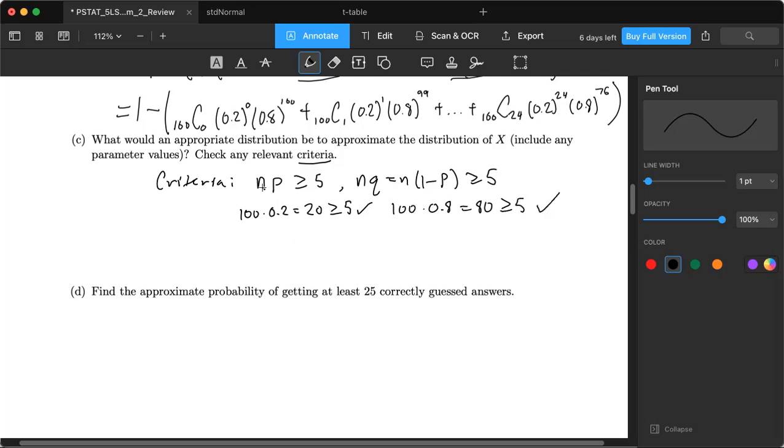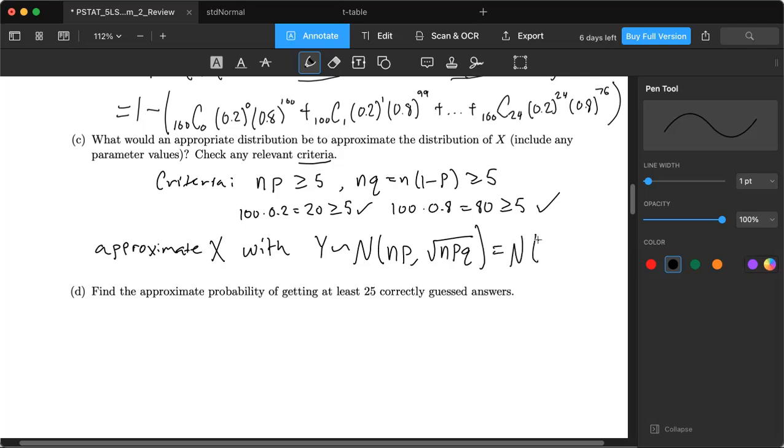So our n is large enough so that we can approximate x with a random variable y that is distributed normally with the mean of x and the standard deviation of x. So n times p times q, which in part A, we found what np and the square root of npq are. So this is equal to a normal distribution with mean 20 and standard deviation 4.